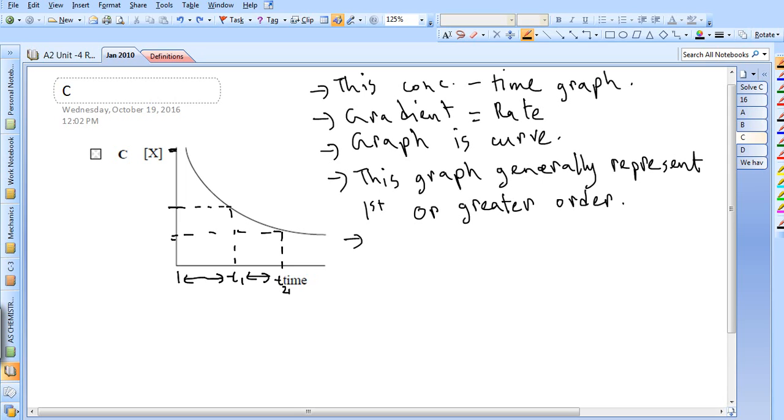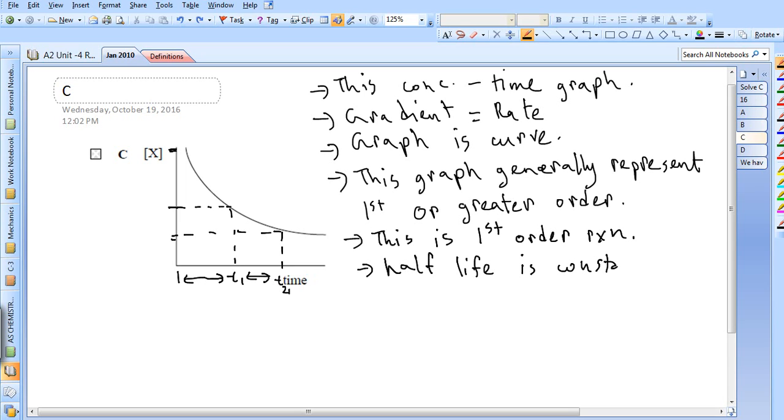So this is a first order reaction, since the half-life is constant.